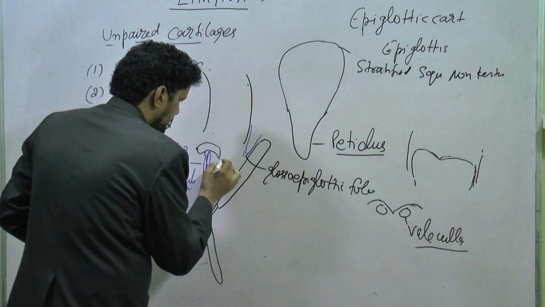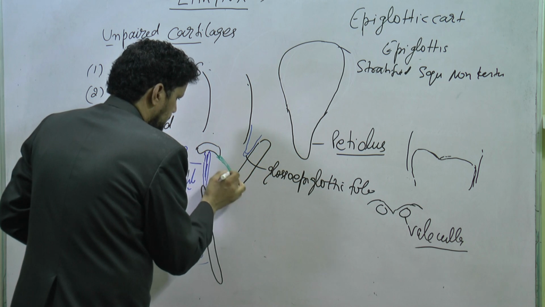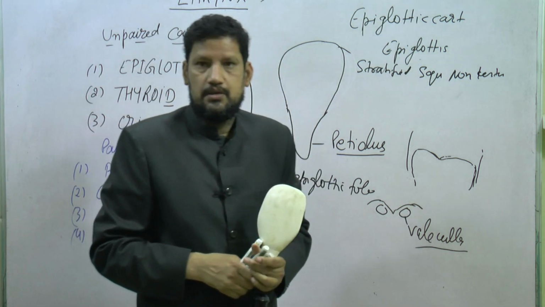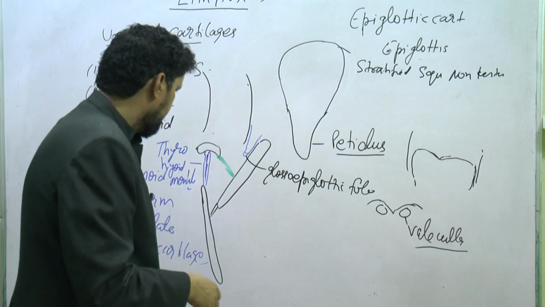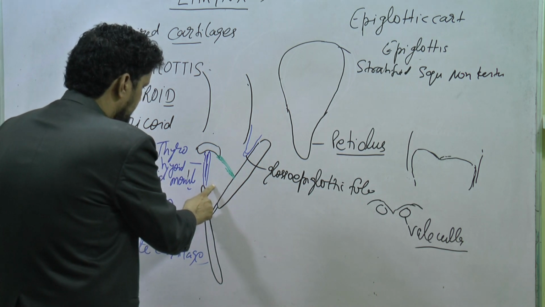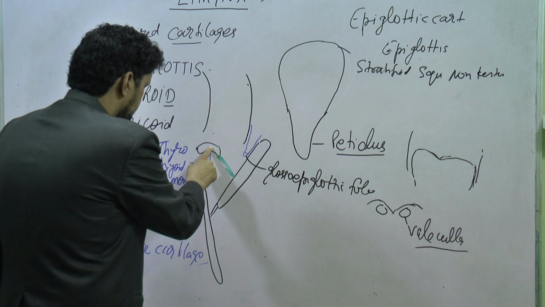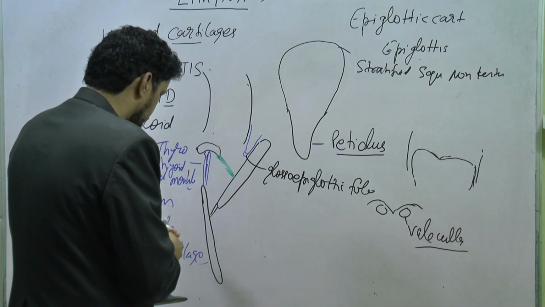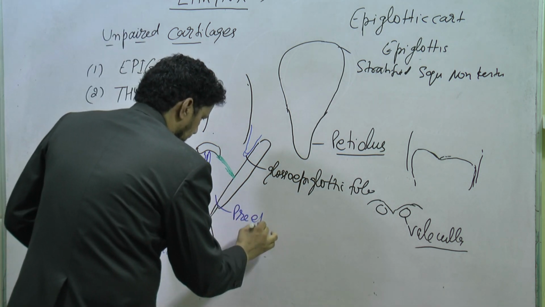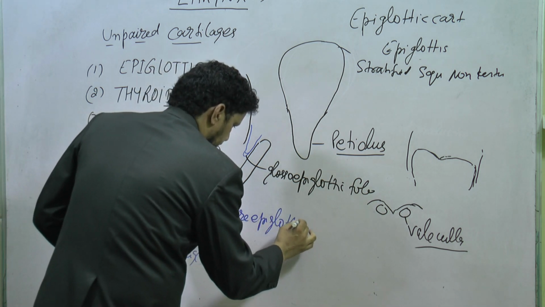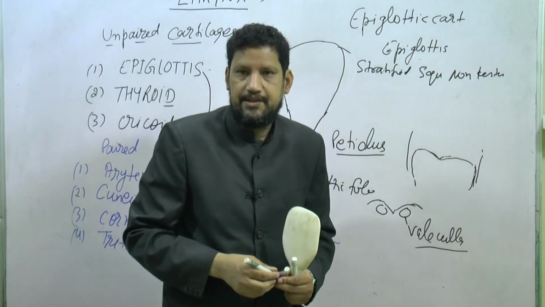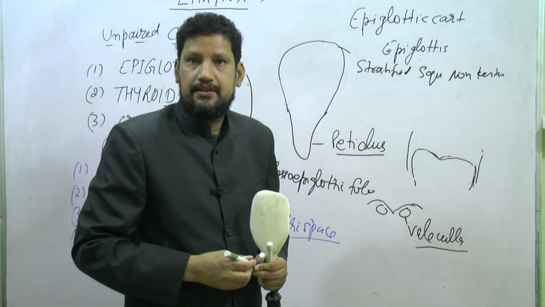This is the hyoepiglottic ligament. The inferior part of anterior surface is related to thyrohyoid membrane and hyoid bone and it is having clinically important pre-epiglottic space, which is having the fibrous fatty tissue and twigs of the internal laryngeal nerve.